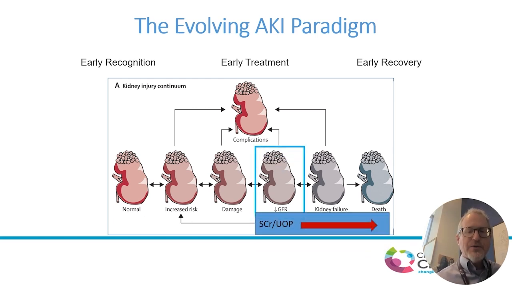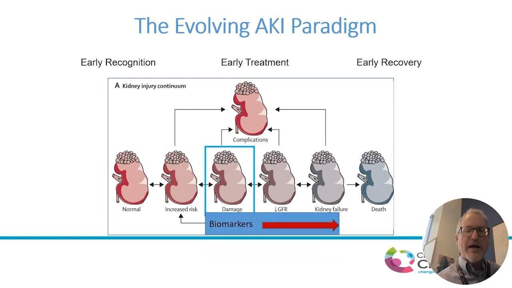Right now, we are really, for the most part, still looking at functional markers of serum creatinine and urine output that don't differentiate between structural and functional change, as I've mentioned. We now have this biomarker that can assist us in determining if a patient is at risk for decreased urine output or kidney function and acute kidney injury.